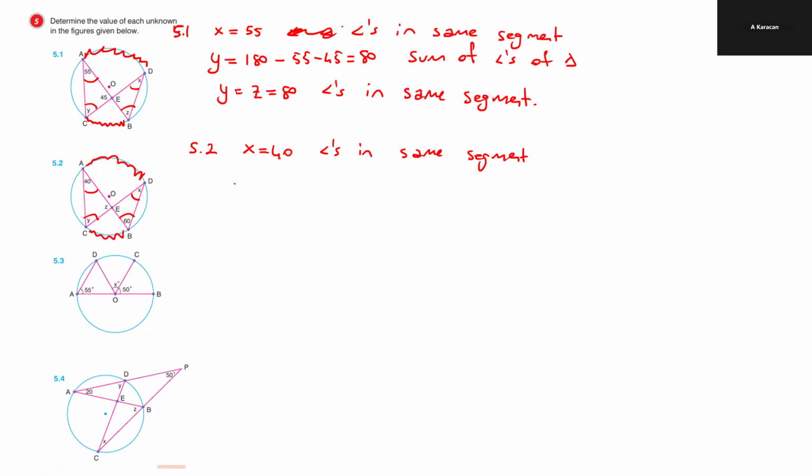Then Y is also subtended by the same arc. So Y is equal to 60, angles in same segment. And then after you get Y as 60, Z would be equal to 180 minus 100 is 80. Reason is sum of angles of a triangle.